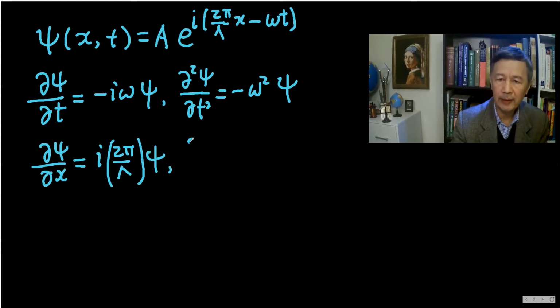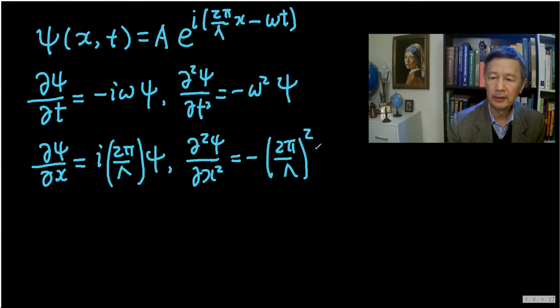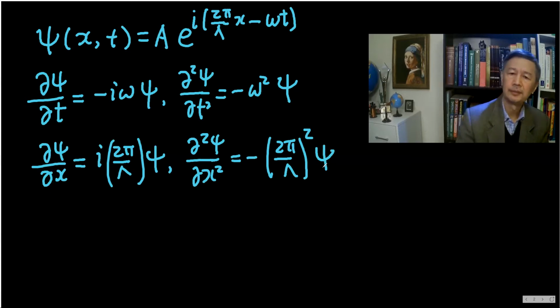Then the second derivative with respect to x gives us i squared, which is negative, so we get negative 2 pi over lambda squared times the wave function.